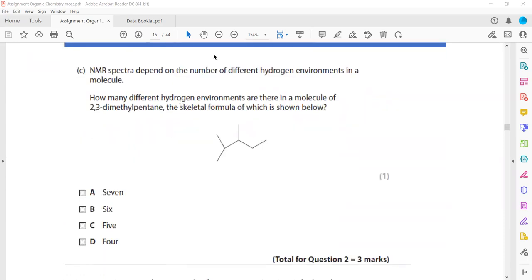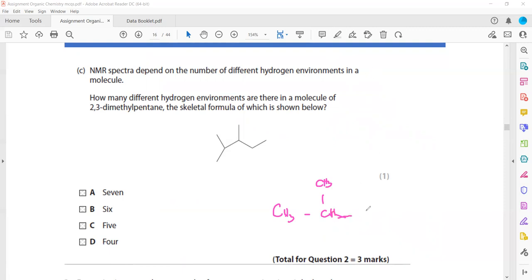NMR spectrum depends on number of hydrogen environments. How many different hydrogen environments are there in a molecule of 2,3-dimethyl pentane? The skeletal formula is shown. So if a skeletal formula is shown, you can draw the structural formula or the displayed formula, because it's easy to identify from it. This will have hydrogen, or CH I can say. Then next, because four bonds are there, there will be no hydrogen.